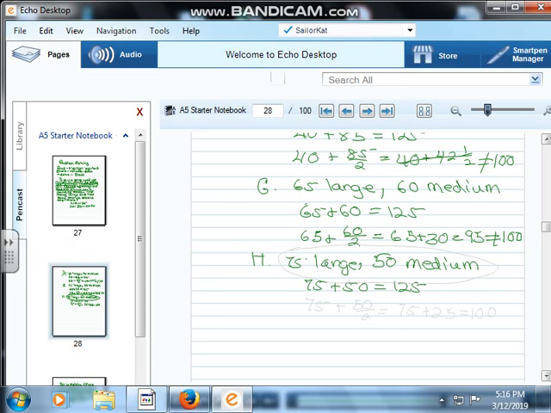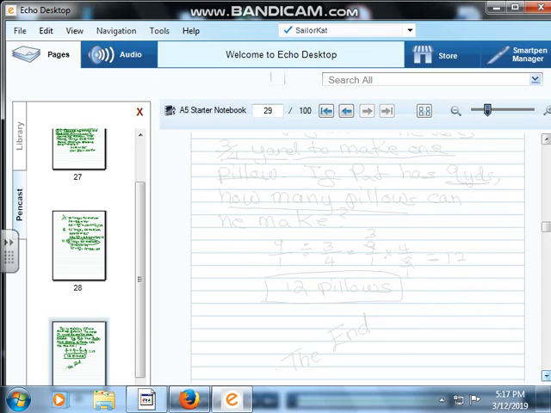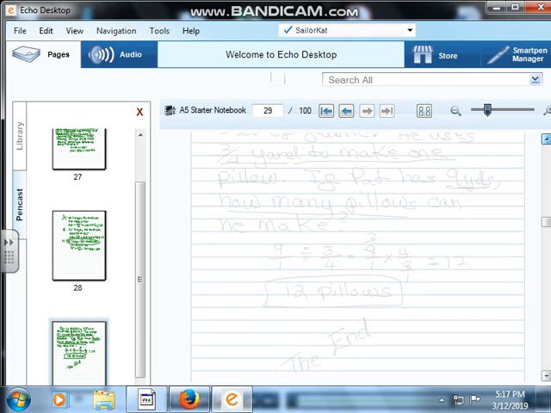That's not a problem, but let's check our pounds. So 75 plus 50 divided by 2 is equal to 75 plus 25, which is equal to 100. So we can say that we're going to have 75 large pizzas and 50 medium. So make sure that your answer makes sense.